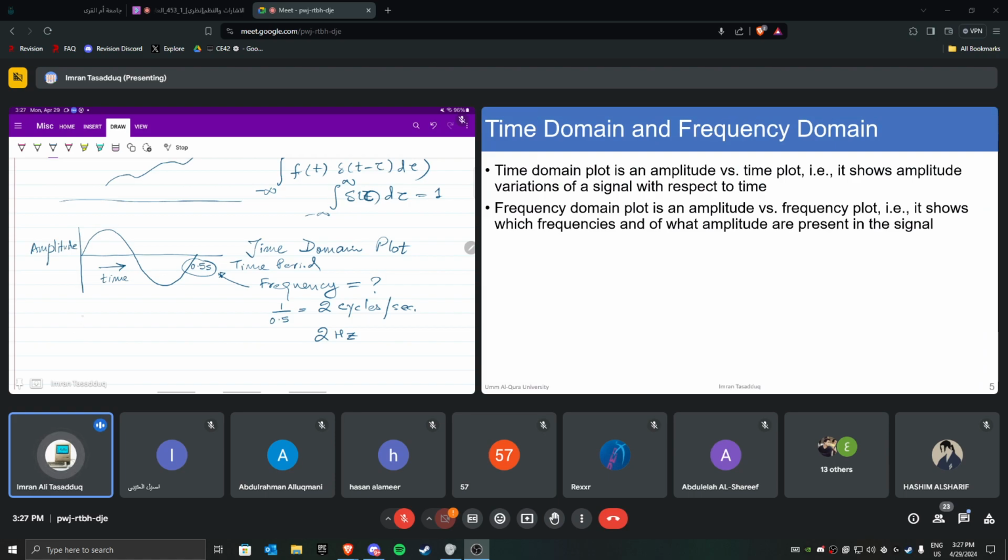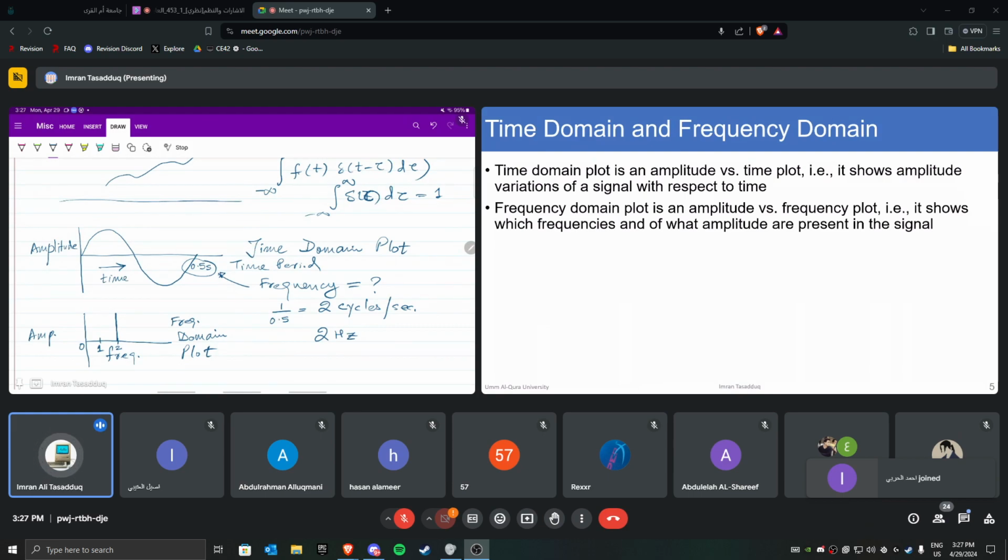If I want to plot this using a frequency domain plot, then on the x-axis I will have frequency, and on the y-axis I will have amplitude. So if this is 0, let's suppose this is 1 and this is 2. So this is the frequency domain plot.